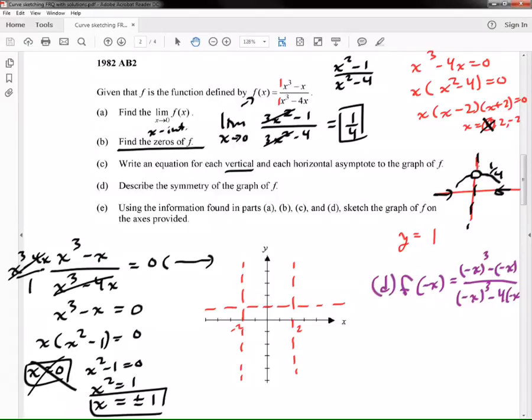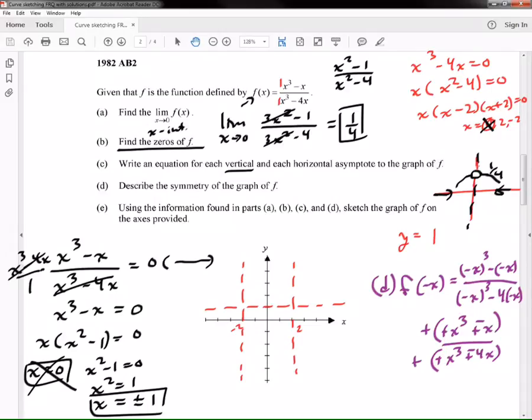Starting from the top left, we're going to get negative x to the third, and then we're going to get positive x. Then on the bottom, we're going to get negative x to the third, and then we're going to get positive 4x. Oh, yeah. Check that out. That's exactly the same as what we started with. If I were to take out a negative from the top and take out a negative from the bottom, these negatives would cancel each other out.